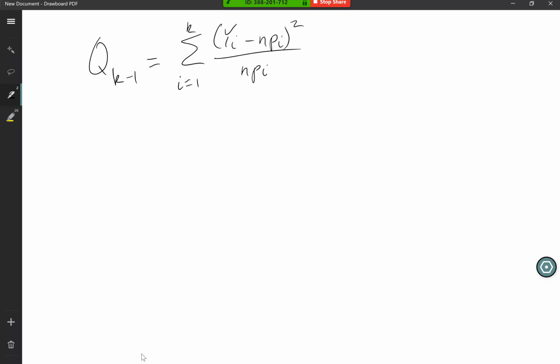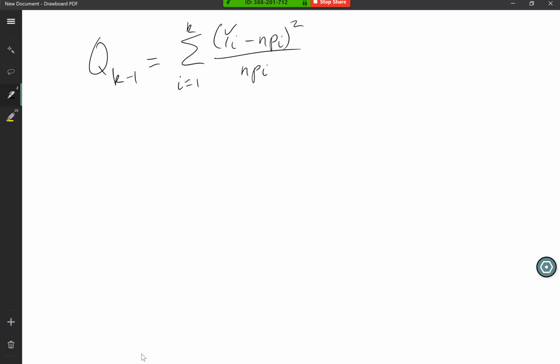If p sub i represents the probability that you land in category i, then n times p sub i is the expected number that should land in that category. And y sub i is the actual number of observations that did land in that particular category. So those are the two pieces of that term.